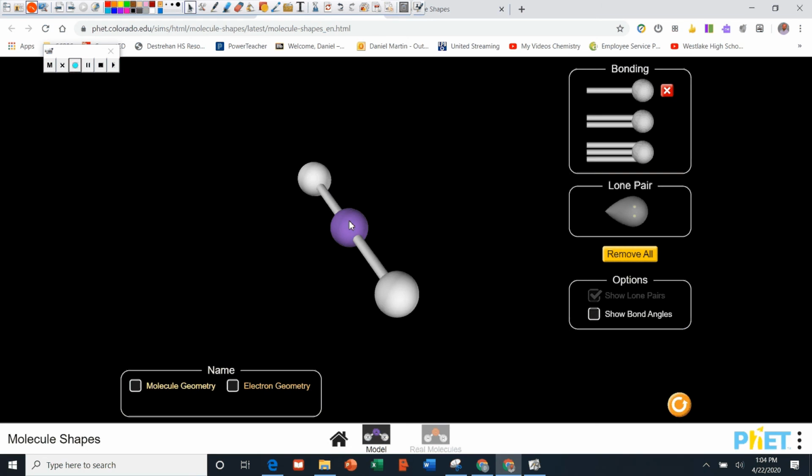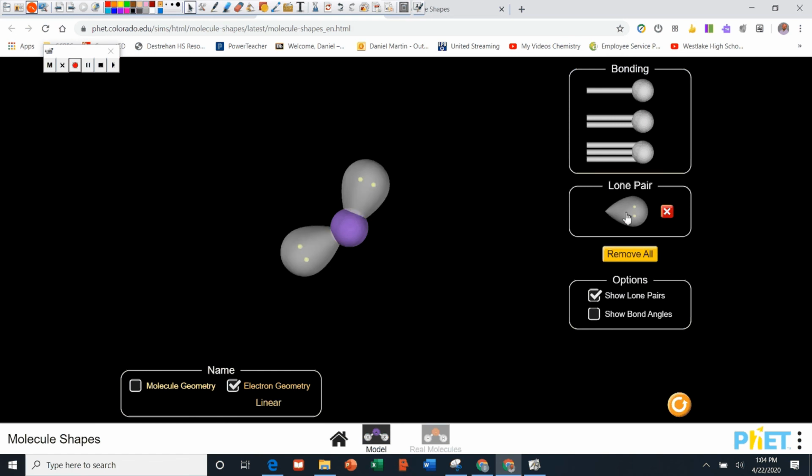This one in the center represents our central element. I'm going to show you just with electron geometry first that if we add four electron domains, it becomes tetrahedral.